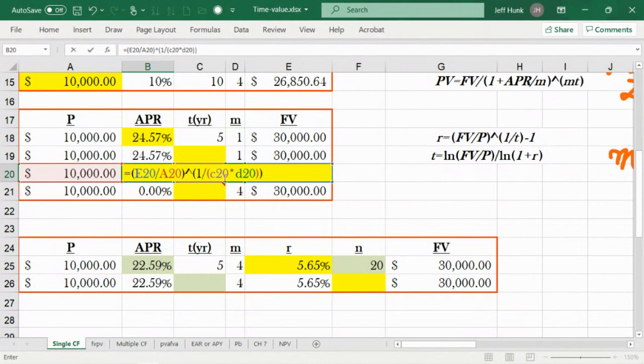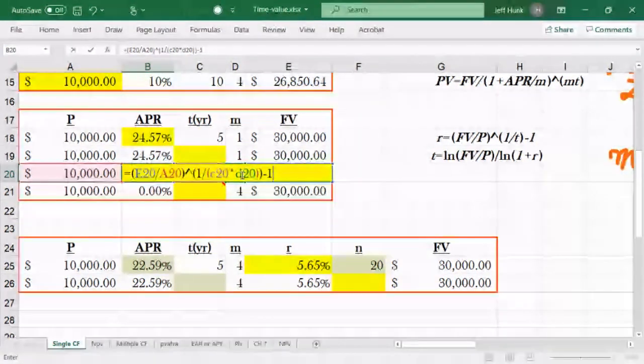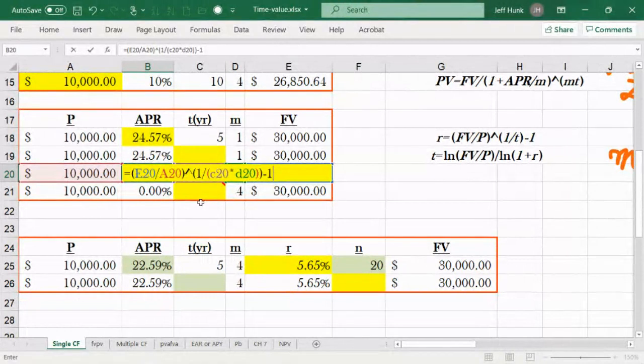And then minus 1. Don't forget, the reason I put the parenthesis here is so that Excel will know that C20 times D20 is one chunk, one number, right?